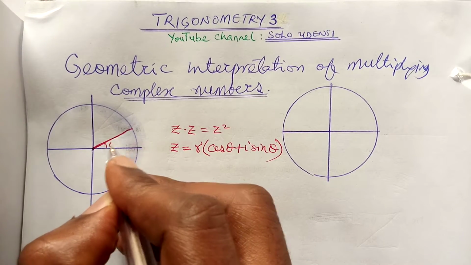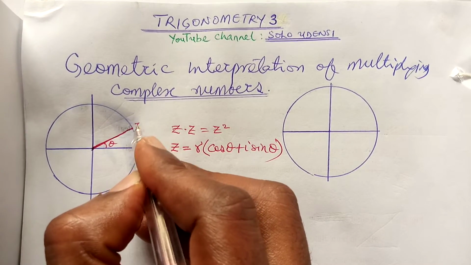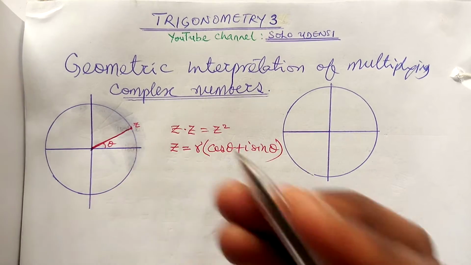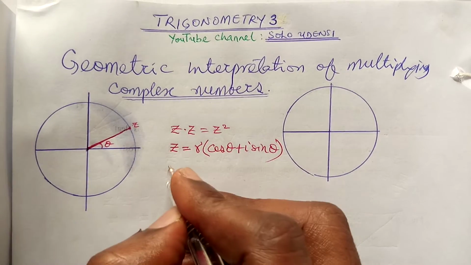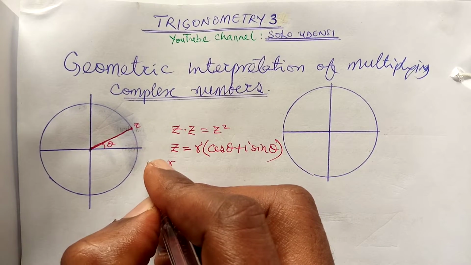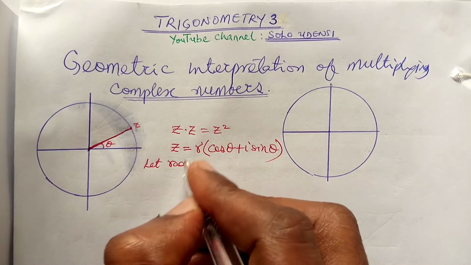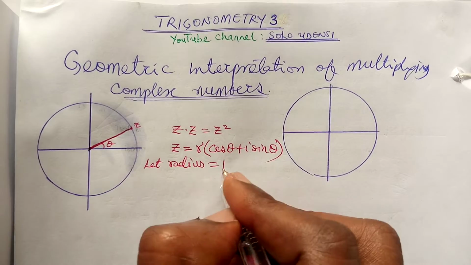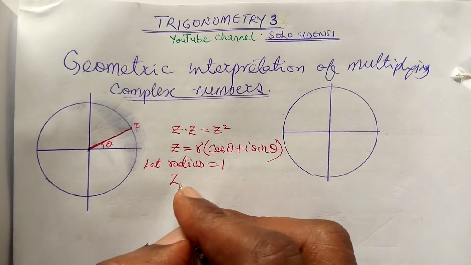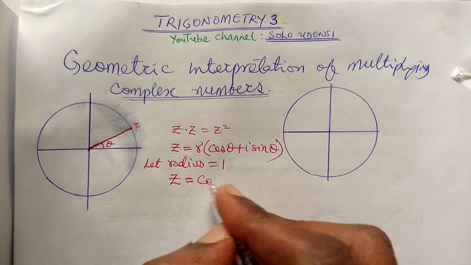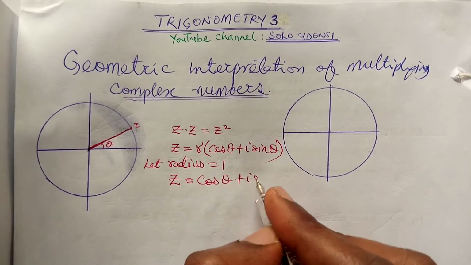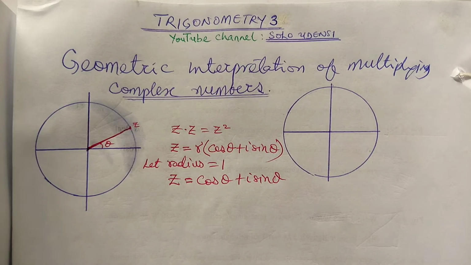This is z, this point on a unit circle. Let's also assume the radius r equals 1, so that z becomes cos theta plus i sine theta.